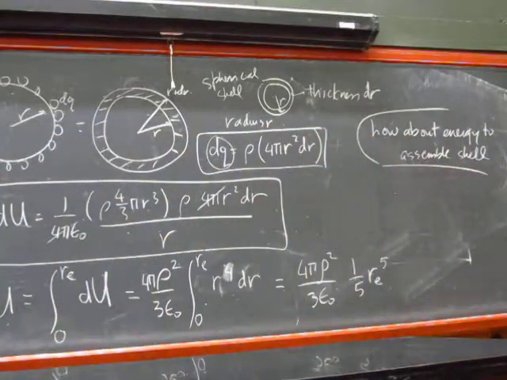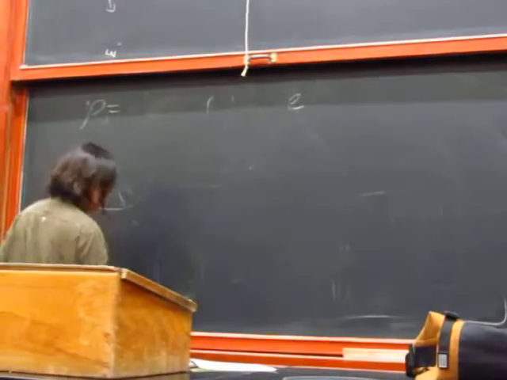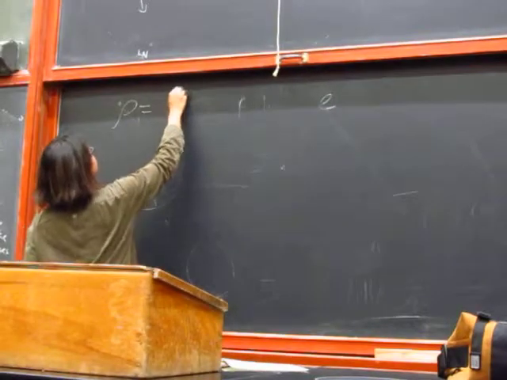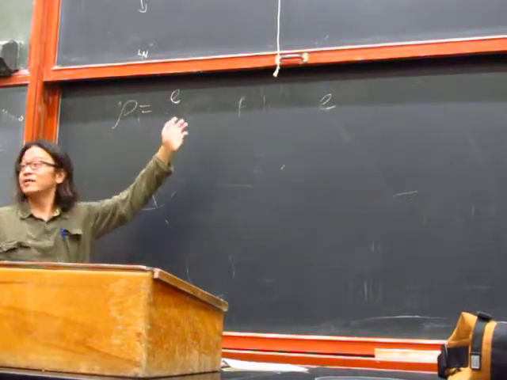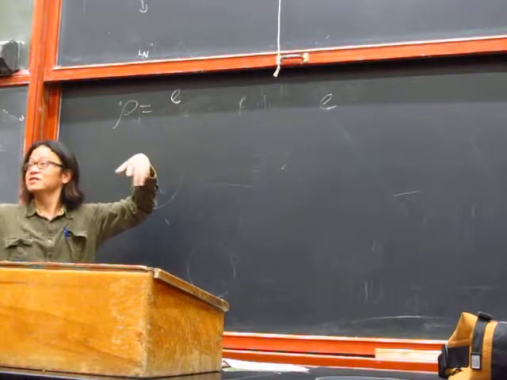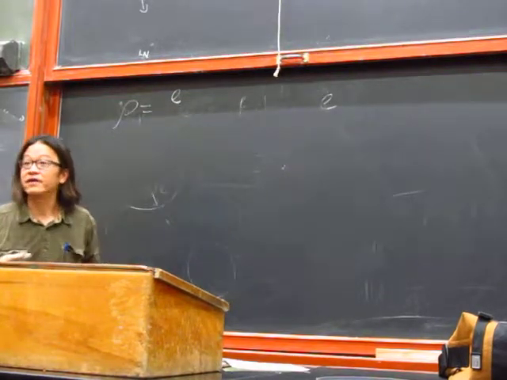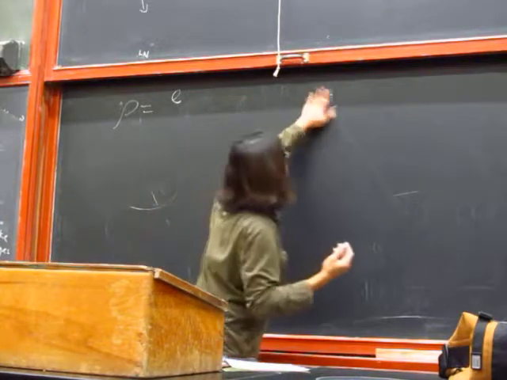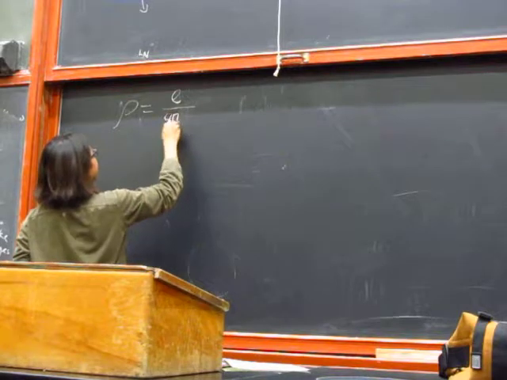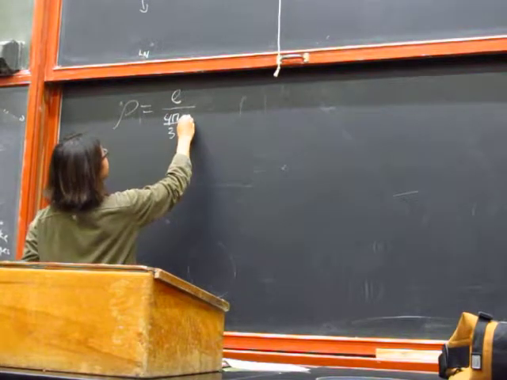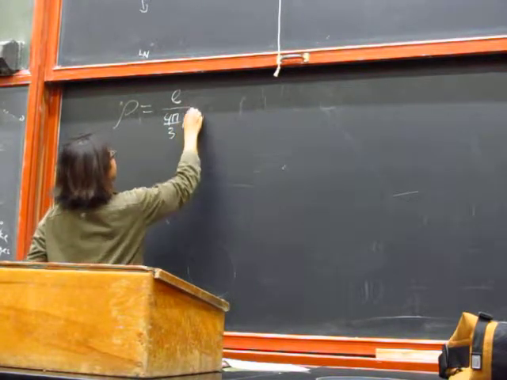So let's express this energy in terms of the total charge of the electron, or the positron. Since rho is equal to e, the charge of the positron, if e is positive. In case you don't know, the positron is just the anti-particle of the electron: same mass, positive charge, over 4 pi over 3 RE to the power of 3.